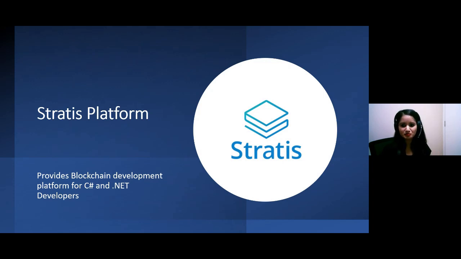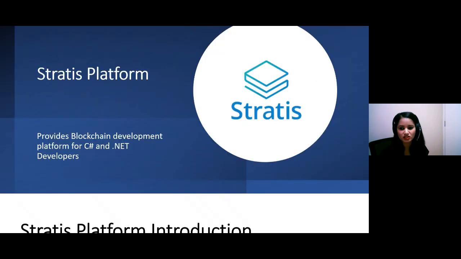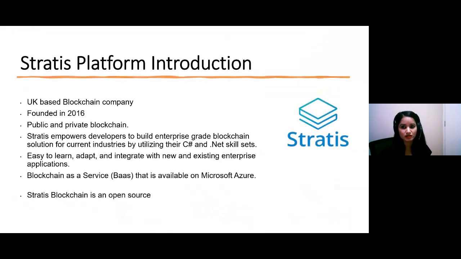So the Stratus platform is the one that provides the blockchain development platform for C# and .NET developers. I will shortly introduce what the Stratus platform is. Stratus Group is a UK-based blockchain company which provides the platform for C# and .NET blockchain solutions, and it was founded in 2016.